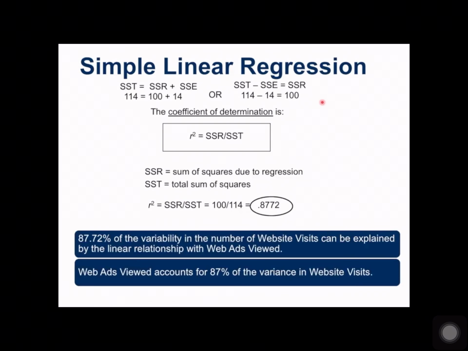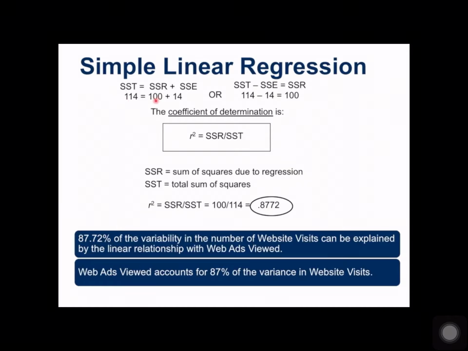And so what we've just described is regression is basically just partitioning the sum of squared total error. This is the error that would occur in the sample if we continue to just predict the mean for the dependent variable for every single case. That's where the sum squared total comes from.